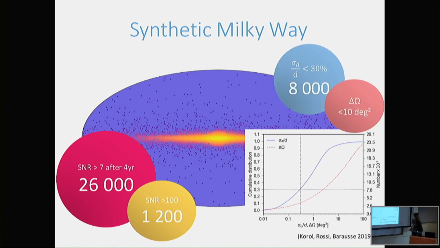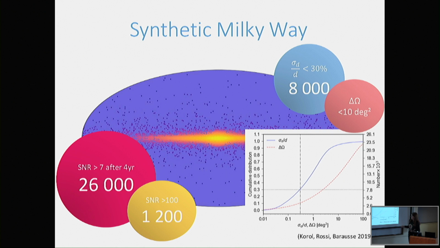This is the cumulative distribution of the relative error on the distance in blue, and on the sky localization from LISA in the red dashed line. For the following studies, I select those that have relative errors on the distance lower than 30%.